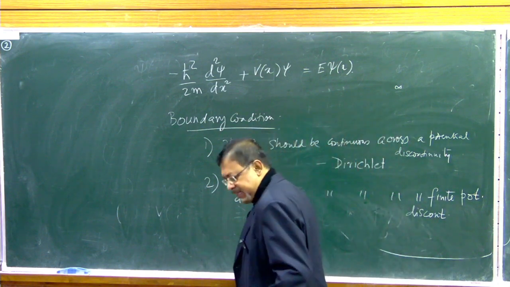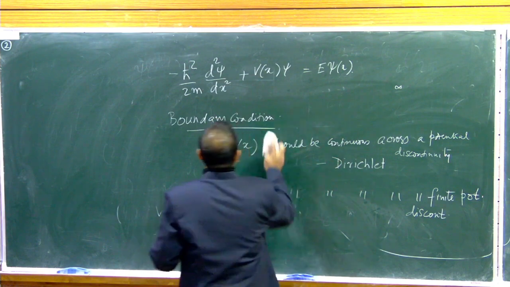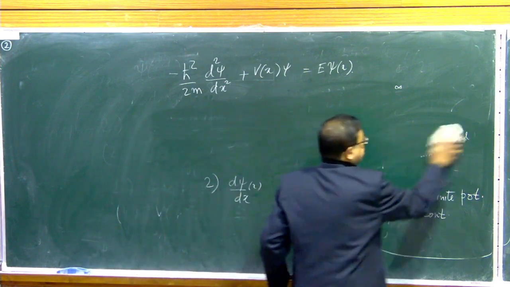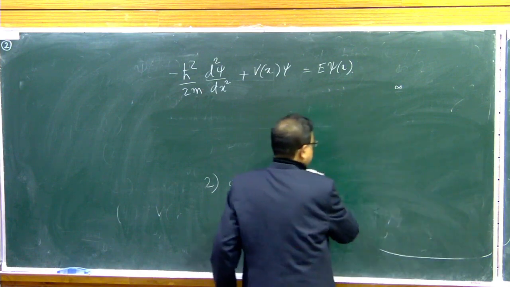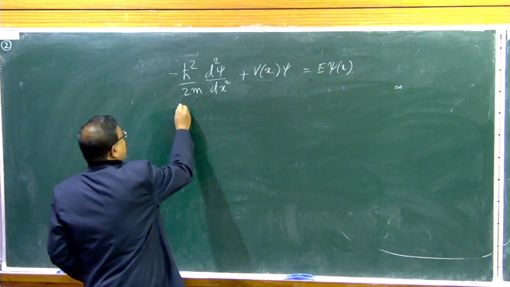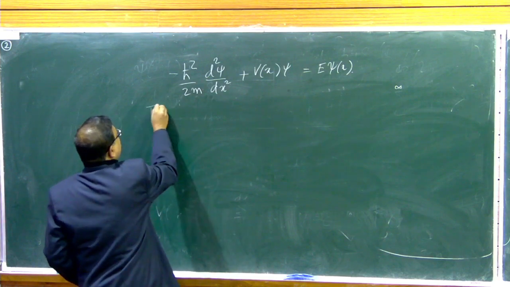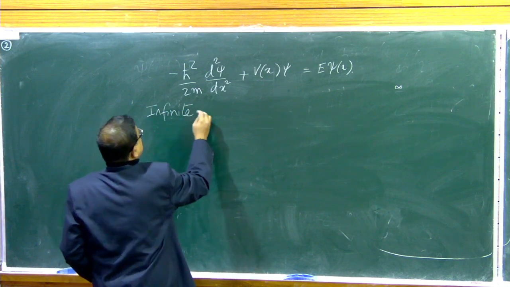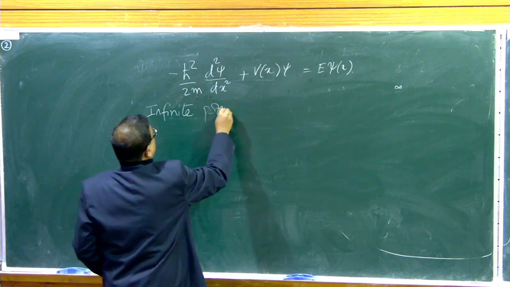Okay. So let us start with the simplest one. And the simplest one is a free particle, that is, the potential is equal to 0. This is called an infinite potential well, and this is the first case that you can think of.